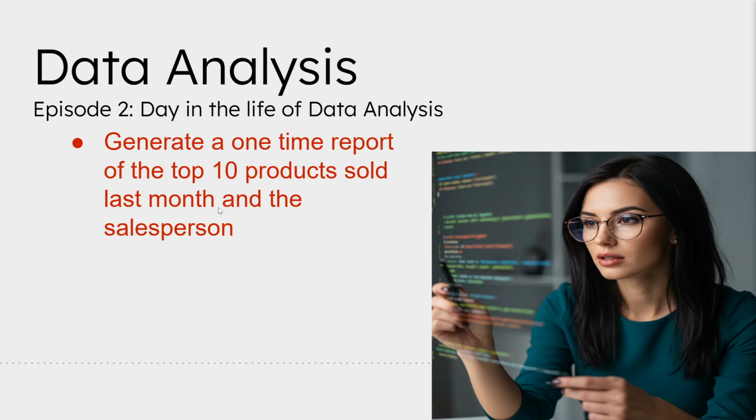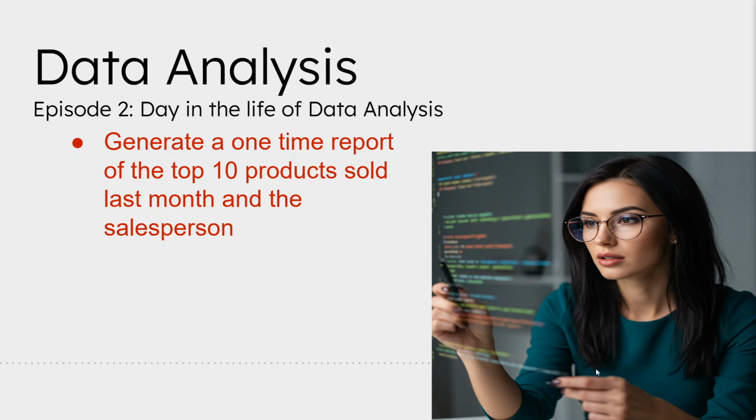We're going to use the AdventureWorks data set. Unfortunately, we can't use live data from different companies because of privacy concerns. But I'm going to show you how I will set this up so that you can just run it over and over without recreating the wheel every single time.